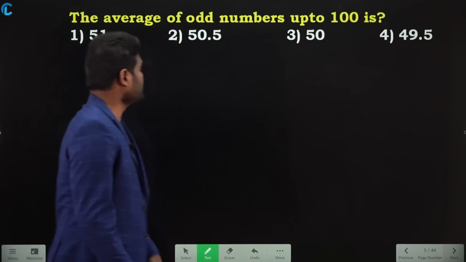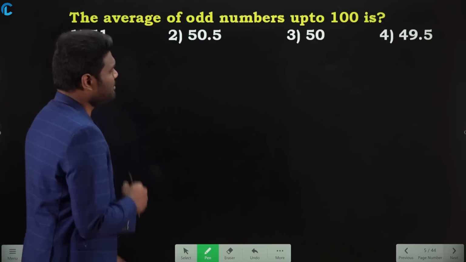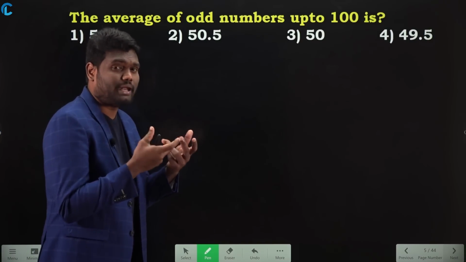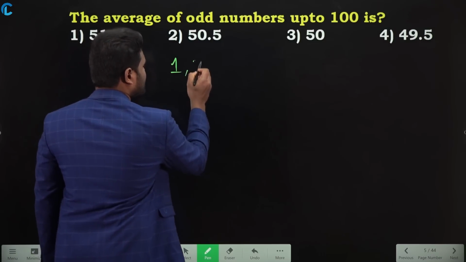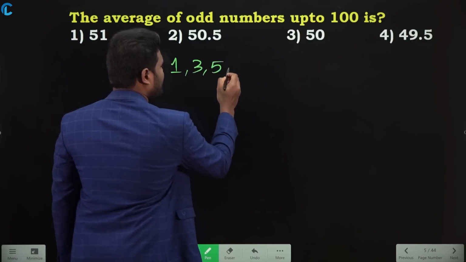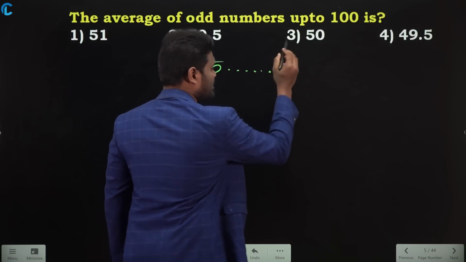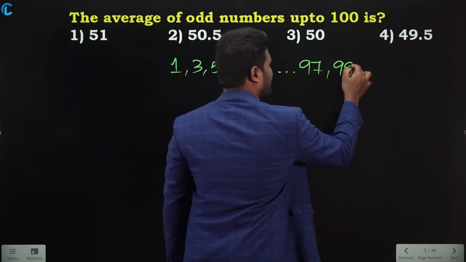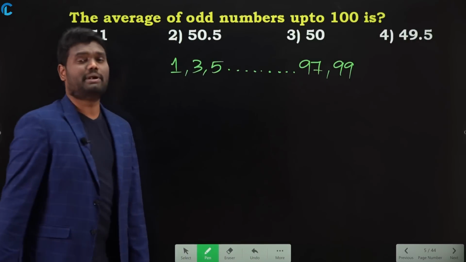Let us look at the next one. The next question is the average of odd numbers up to 100. So we need to calculate the average of odd numbers up to 100. Odd numbers means 1, 3, 5, and so on, till 100, so the last ones are 97 and 99. If you look here, even this series is in arithmetic progression.